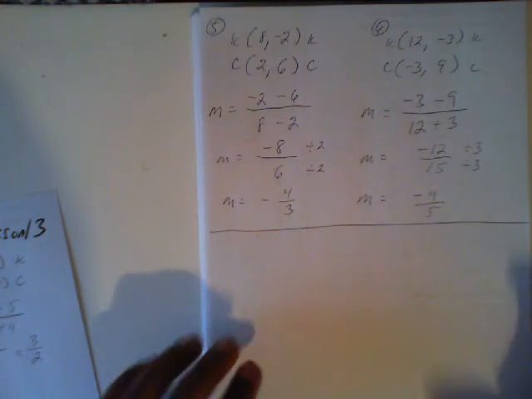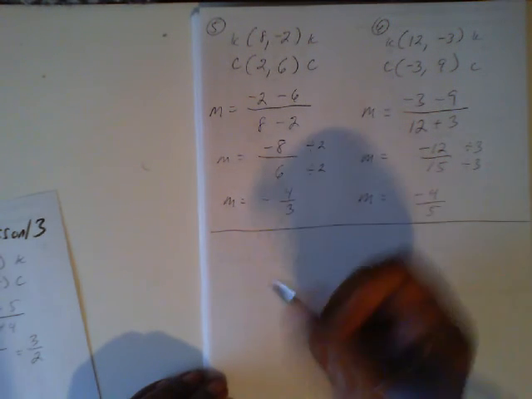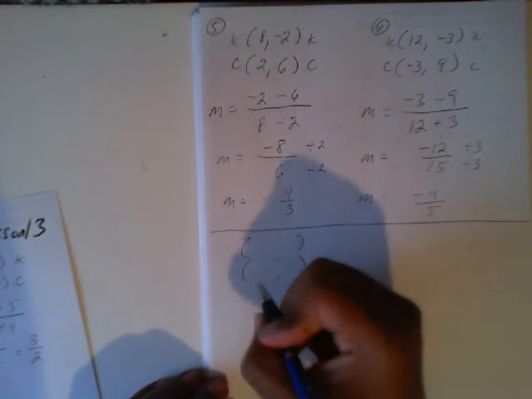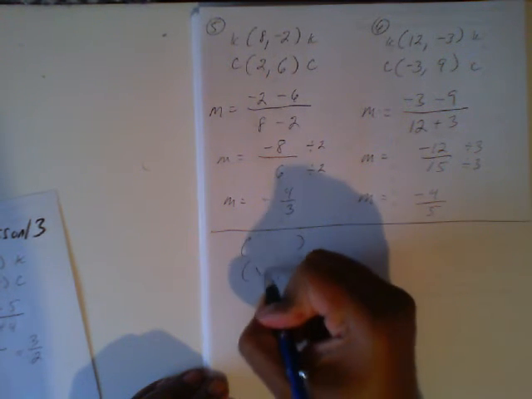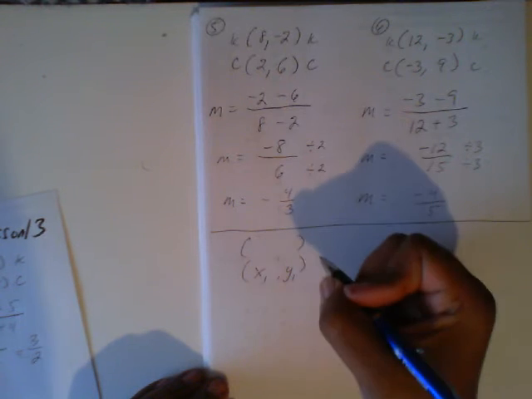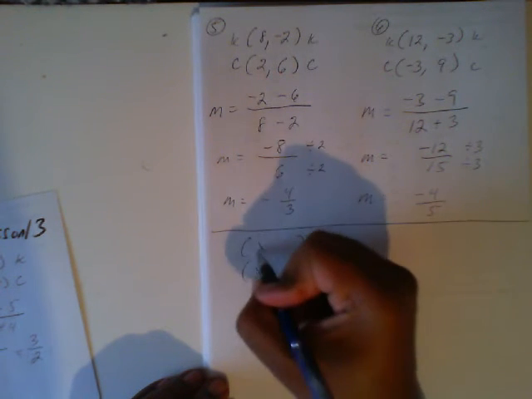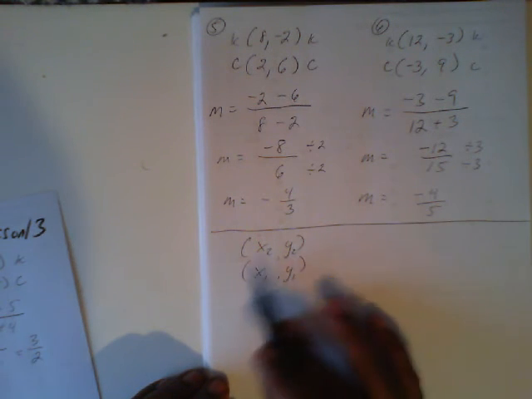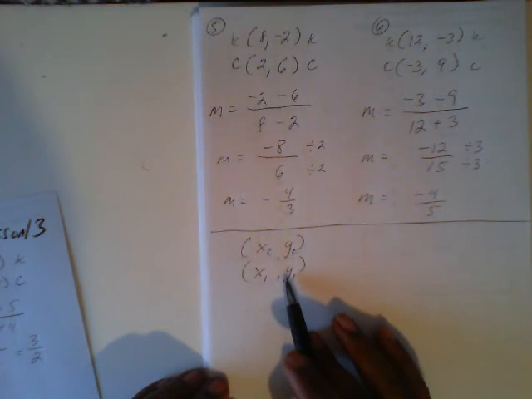Now, let's put this in general terms. If I have 2 points, let's make it general. The first point has x1 and y1. The second point has x2 and y2. And I want to find the slope of any 2 given points.